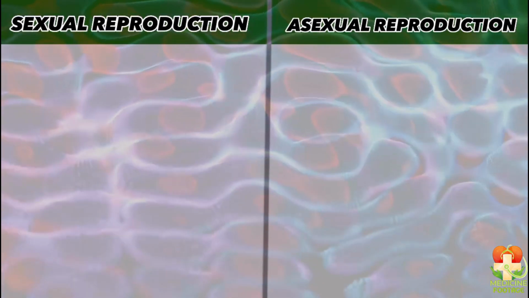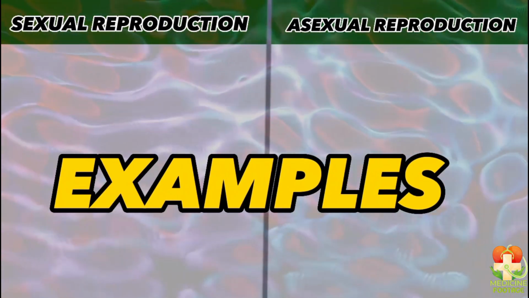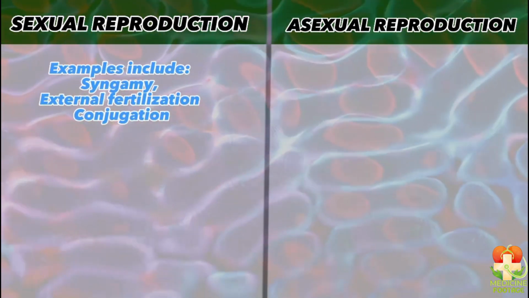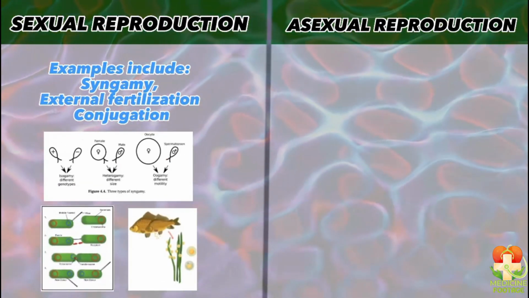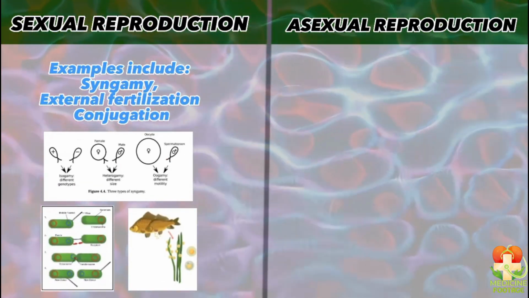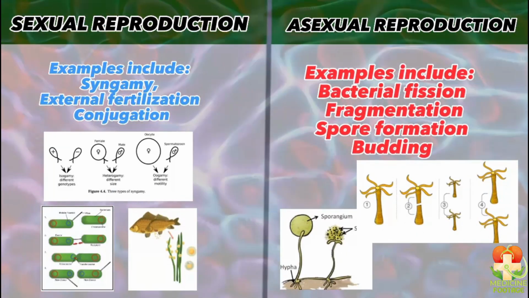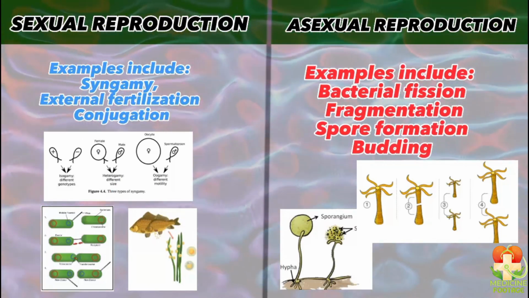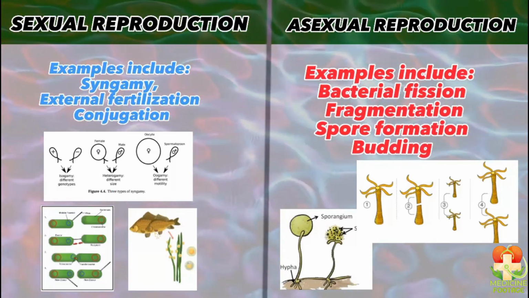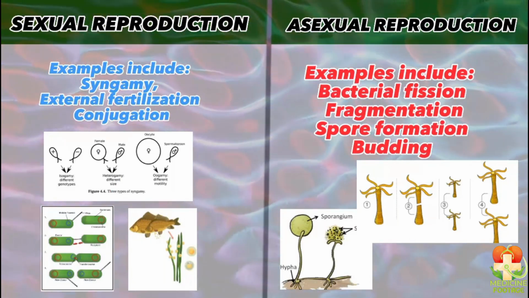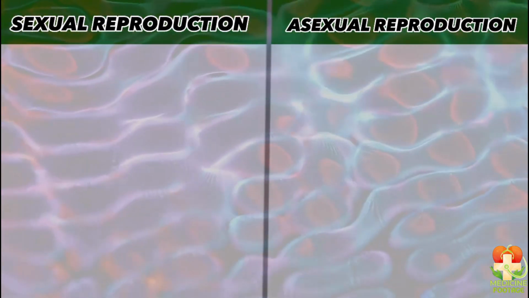Difference number 14. Here are some examples. In sexual reproduction, examples include syngamy, external fertilization, conjugation. In asexual reproduction, examples include bacterial fission, fragmentation, spore formation, and budding. Difference number 15.